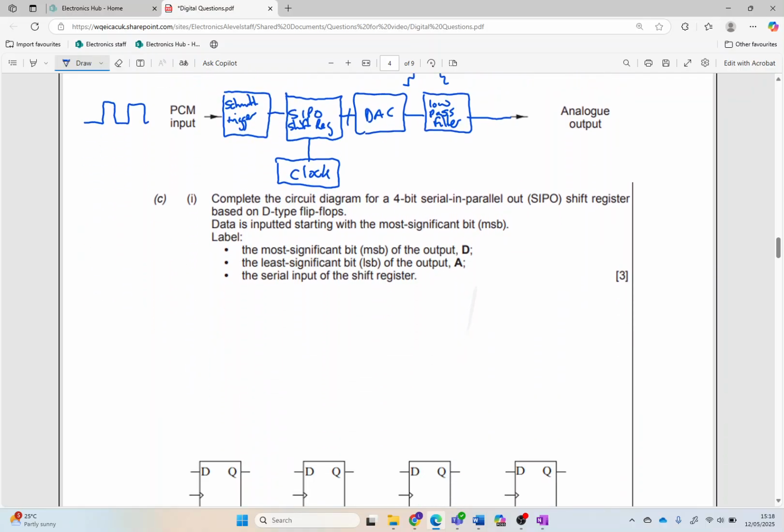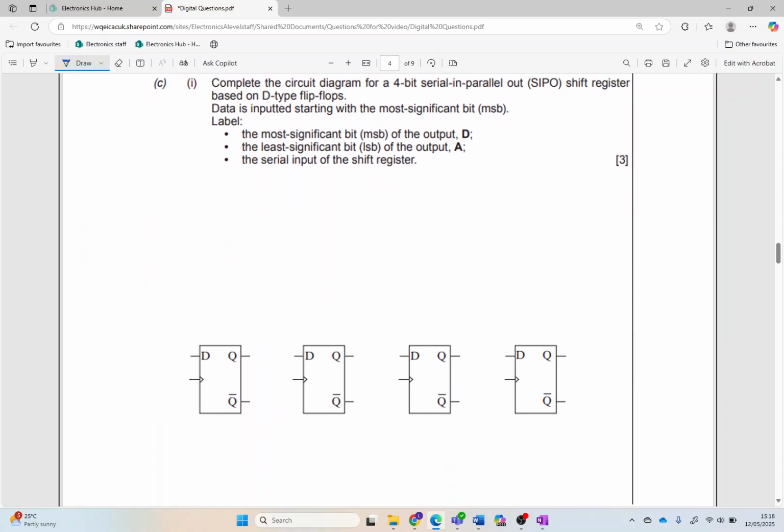So serial in, parallel out. Let's draw what we've got. So first of all, we've got serial in going into the first flip-flop. Now we need to shuttle the bits in from one flip-flop to another till we get our outputs. And the thing to remember is that the most significant bit goes in first. So most significant bit there, and there is the least significant bit.